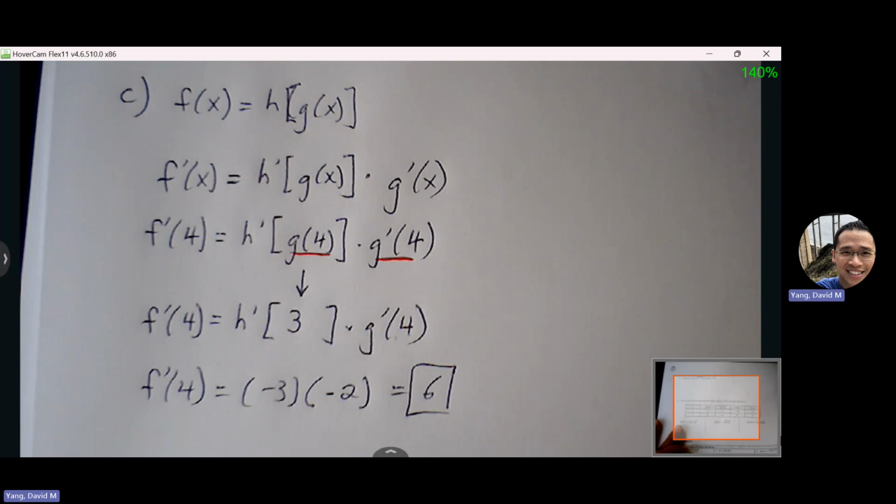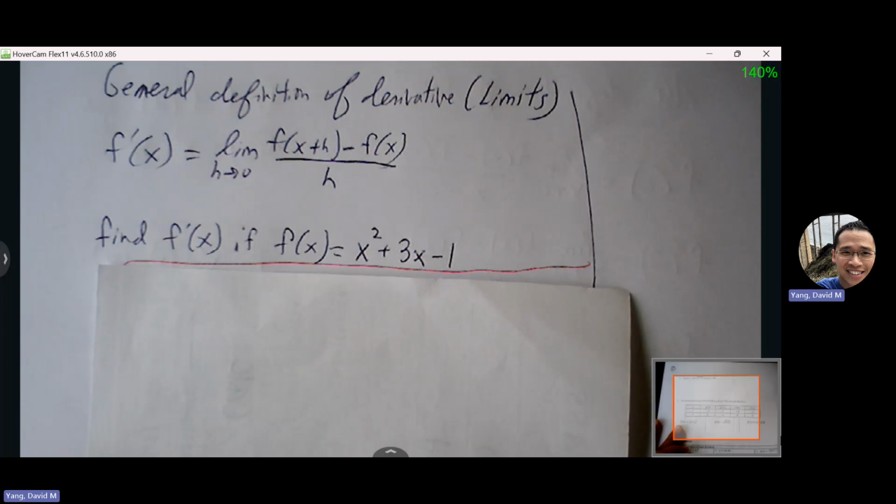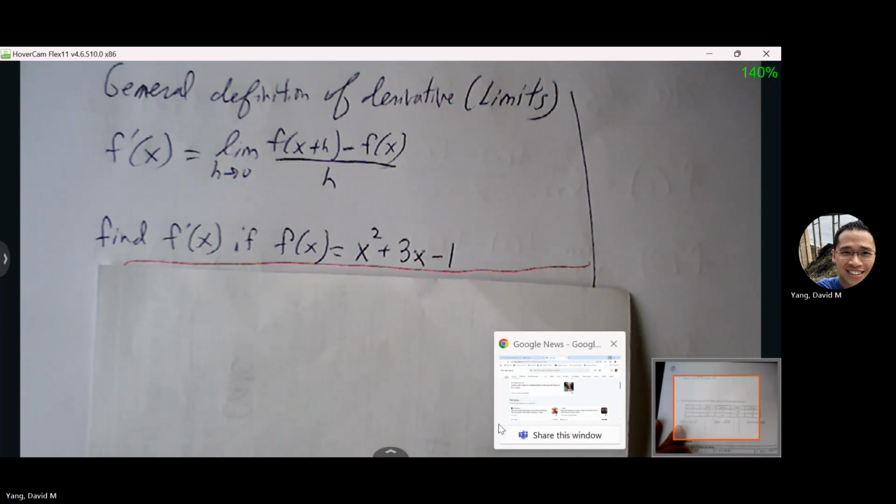All right, I want to spend the last 10 minutes or so just reviewing the limit definition of a derivative and what we need to know about it for the quiz. So if you want to put this down on a separate sheet of paper, let me start going over this here.